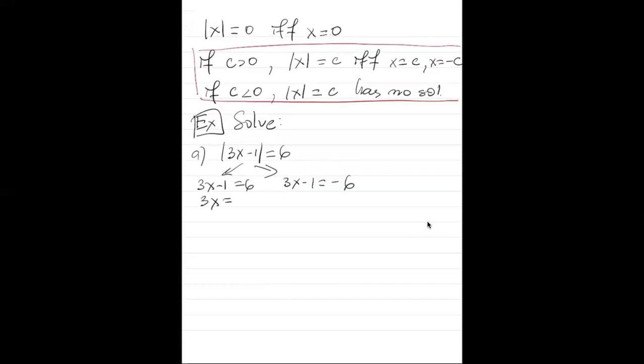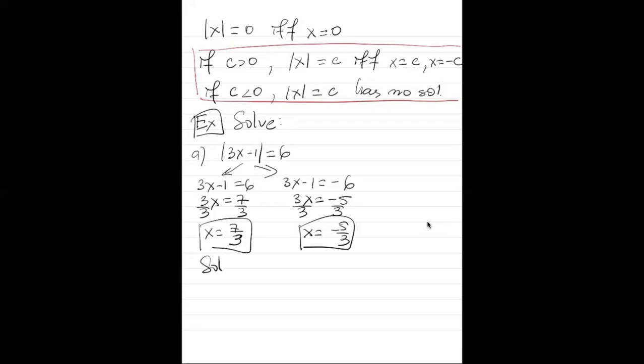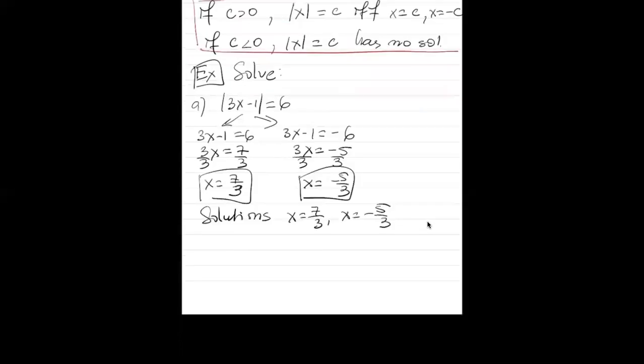So 3x equals 7, 3x equals 1 minus 6, negative 5, divide by 3, x equals 7/3, and x equals negative 5/3. So we got two solutions, x equals 7/3, and x equals negative 5/3. You can plug them in and make sure that they work.